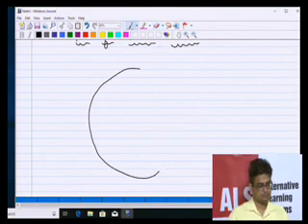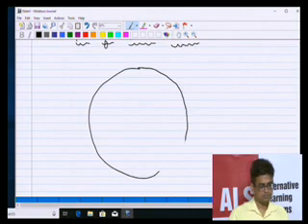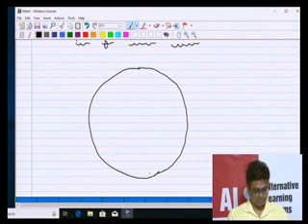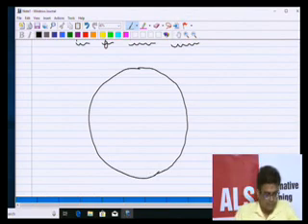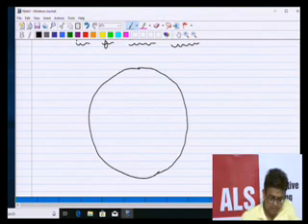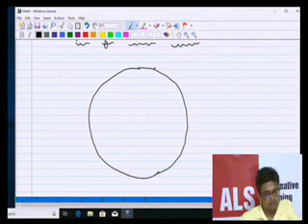Alright, so yeah, it almost came in the form of a circle, thankfully. The outermost layer is called the epidermis again, and on the epidermis there are many hair-like structures.